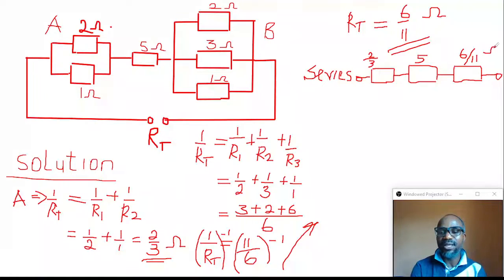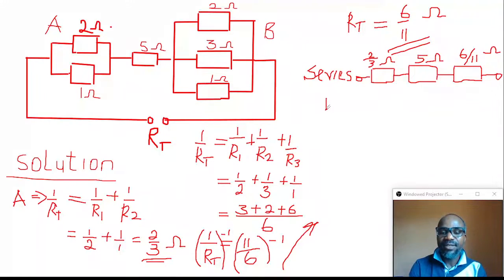Good. So that's what it means. Our unit remains ohms altogether, for each and every one of them. The unit is 5 ohms here, and the unit is 2 over 3 ohms here. So what do we do? We add. Very simple, we add.